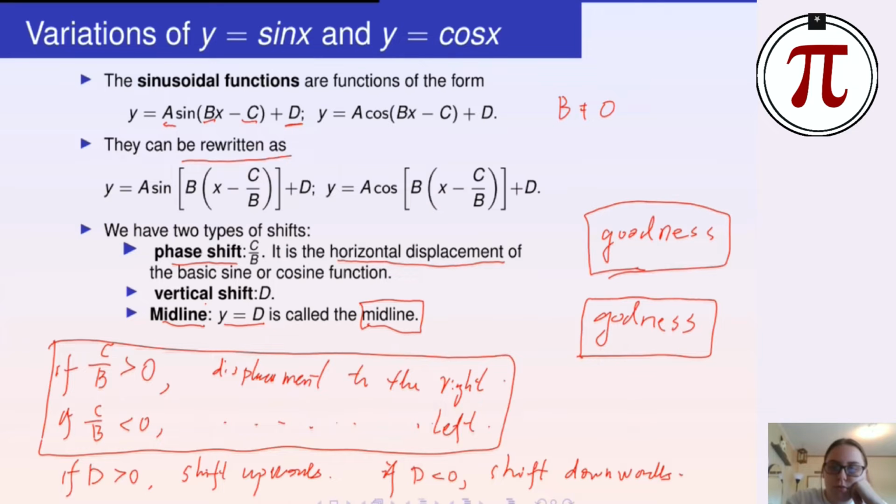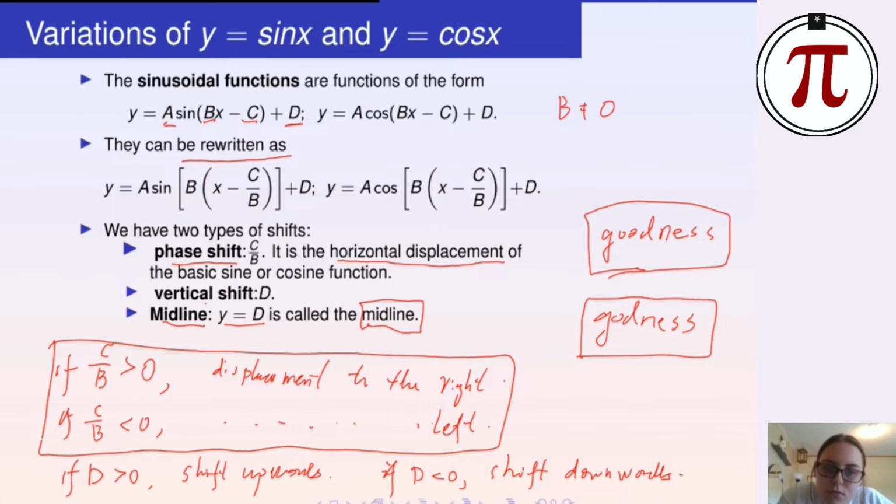You have to write these functions in standard form, y equals, and identify the values for A, B, C, and D. Then C over B is the phase shift, D is the vertical shift, and the midline is y equals D. If the phase shift is greater than 0, it's a horizontal displacement to the right.